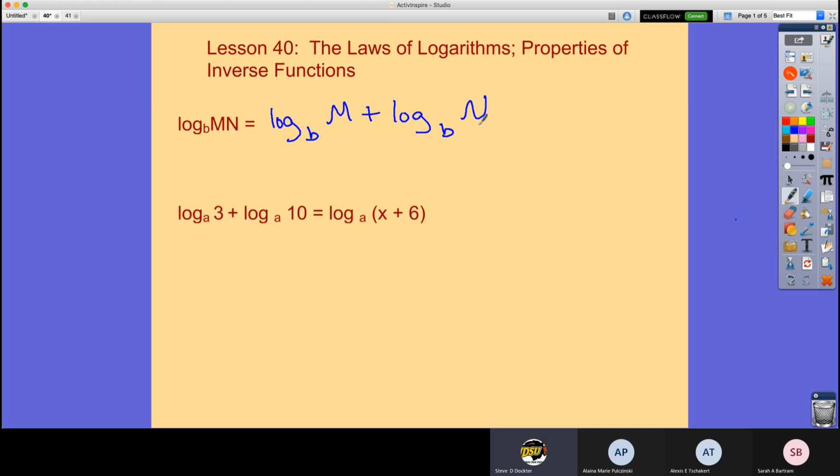The other thing that we can do here is the reversal of that. If that works from left to right, it's also going to work from right to left, which is the case down here. Now, this only works when we have a log of each one of the terms, and they're all the same. If they're not the same, you're going to have to do something to make them the same. So down here we've got log a of 3 plus log a of 10 equals log a of x plus 6.